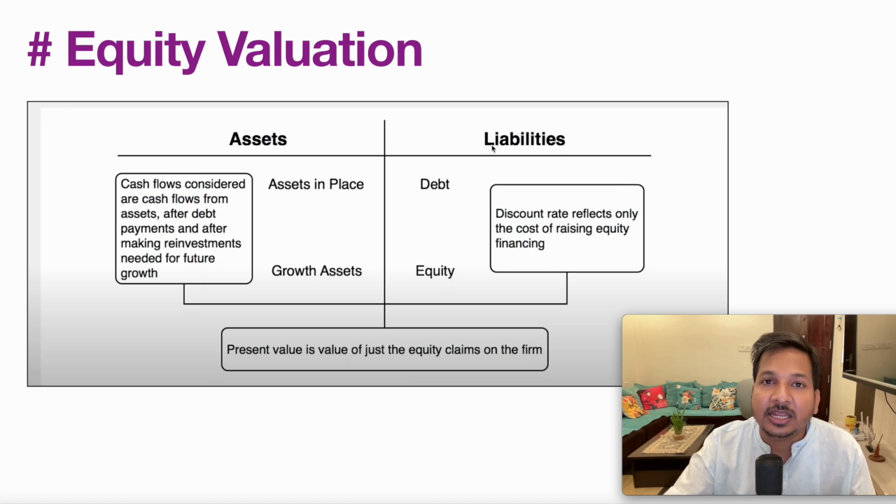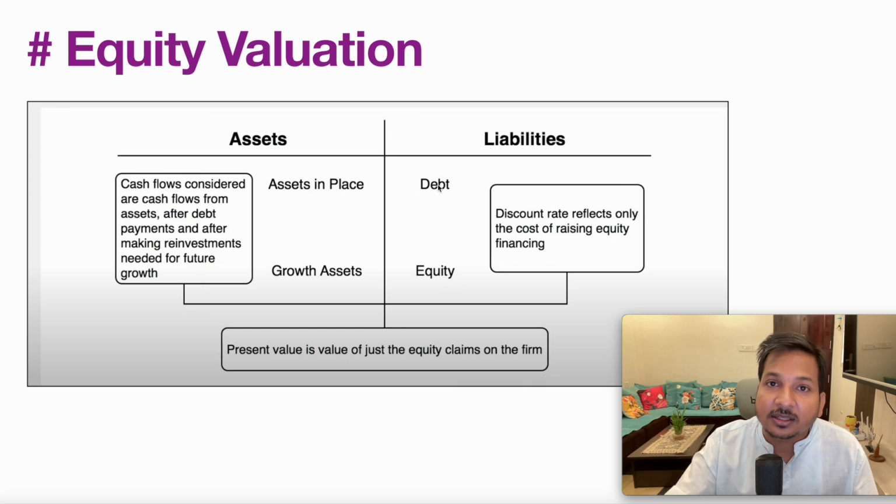Asset and liability. In any company there are two things, assets and liabilities. Assets are the fixed things which are already there, like its factory, its machines, inventory, everything. And there are some growth assets which will generate cash in the future, where the company invests. On the liability side, two things are there, debt and equity.